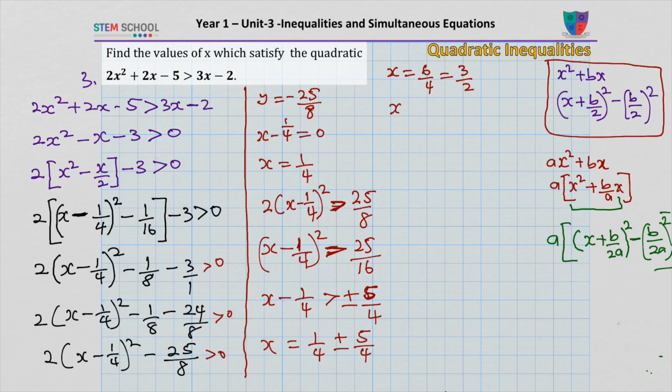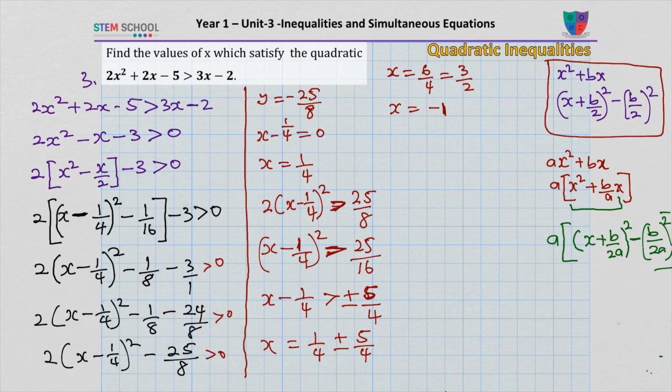And x also equals 1 minus 5, which is minus 4 over 4, and minus 4 over 4 is minus 1. So those are my two values: x equals 3 over 2 and x equals minus 1.